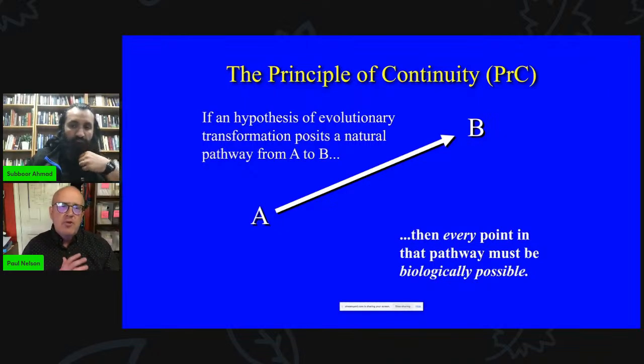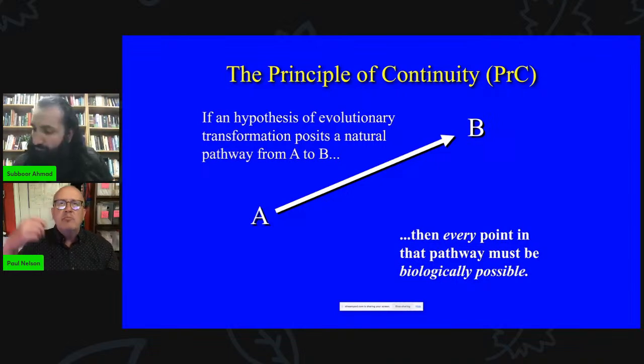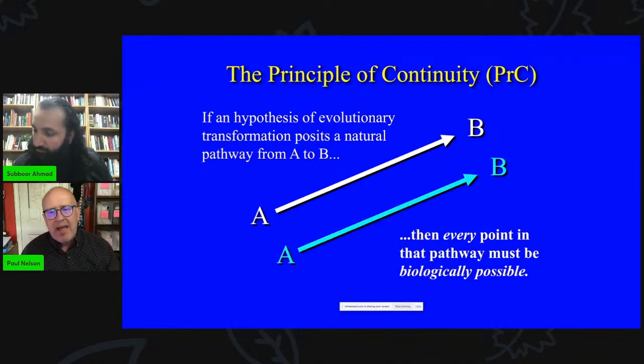It says, if you hypothesize a transformation from A to B, so that could be a transformation of a protein fold, or of a gene sequence, let's say with a protein product, or maybe it's a regulatory element, some pathway of transformation where A and B are sufficiently distinct from each other that you'll give them separate names. If that's your hypothesis for how B came to be, where A is the ancestral form and B is the descendant, then every point in that pathway must be biologically possible.